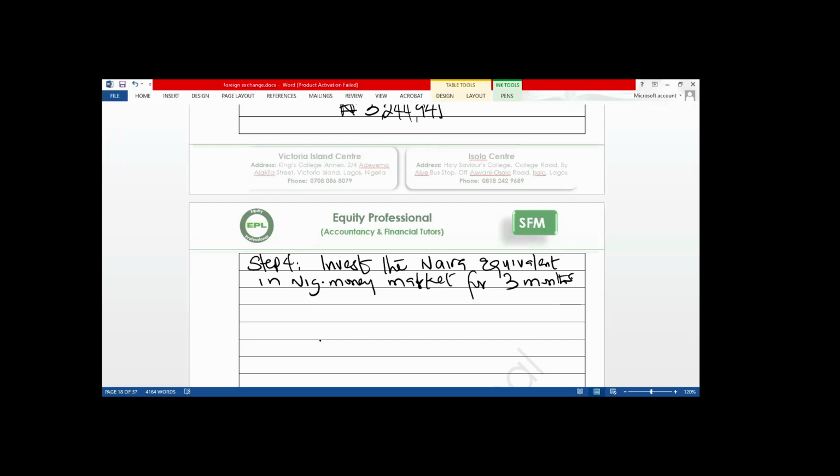So first calculate the 3-month deposit rate in Nigeria. This is equal to 3/12 multiplied by 9%. That will give you 2.25.